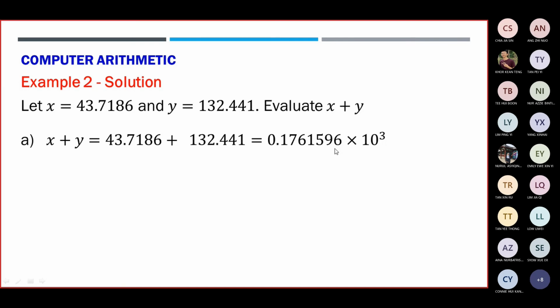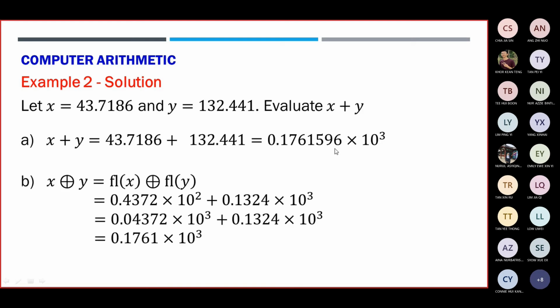Now, next question, you need to add the two numbers up in the form of computer arithmetic.